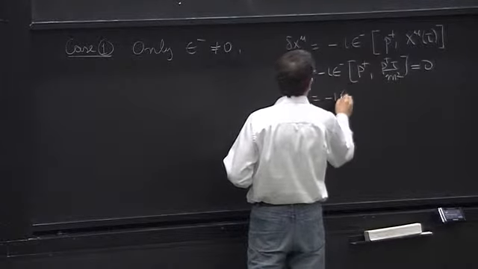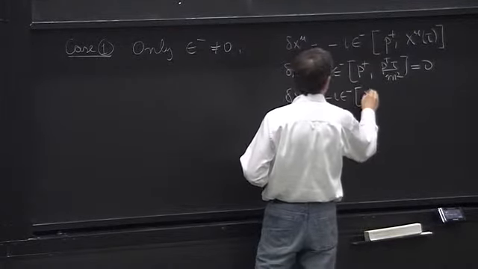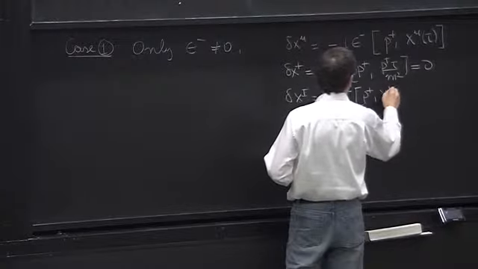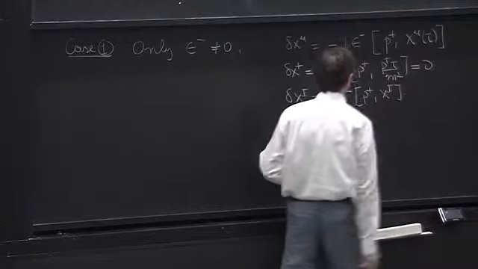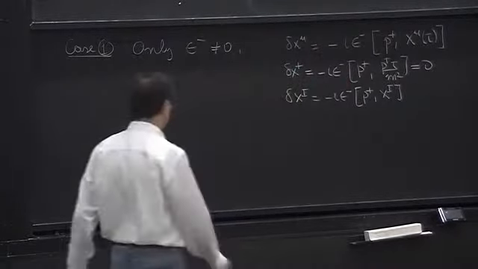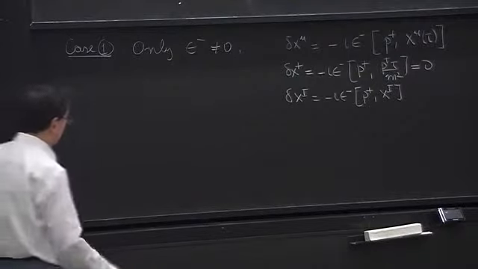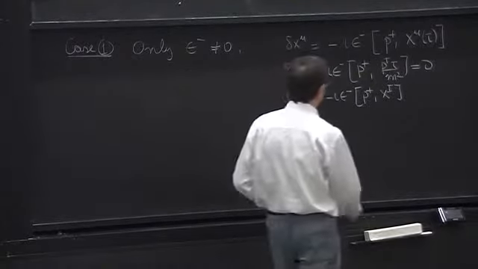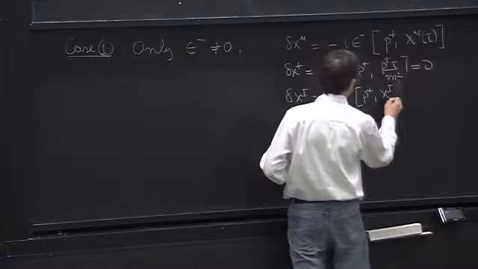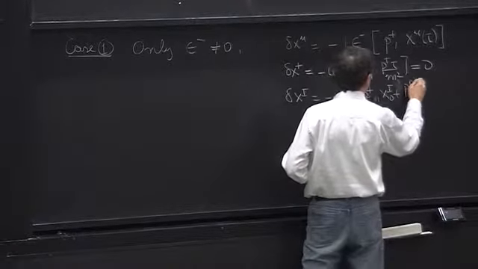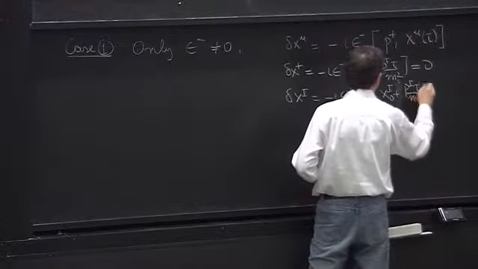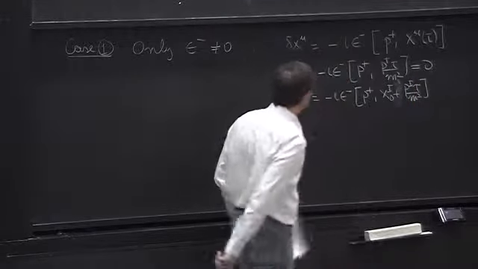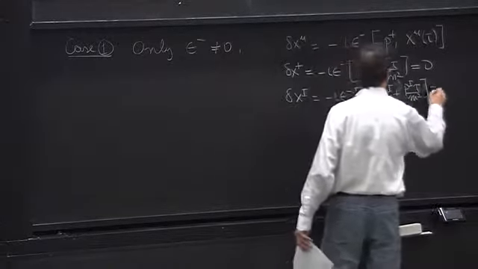It is minus i epsilon minus [p plus, xi]. Well, xi is x0 i plus p i tau over m squared, and p plus commutes with that. That's 0. Very good.